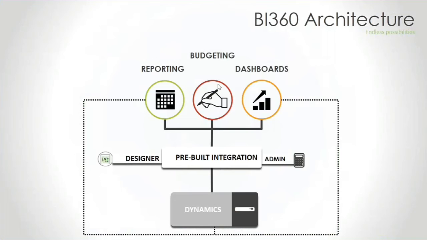The budgeting module, as I mentioned before, will write back directly to a budgeting table in Dynamics. The dashboards will pull data in real time from Dynamics, and you can see through the dotted line. Unfortunately, the solid line behind or connecting to the budgeting module has overcome the dotted line. Very similar to the reporting as well.